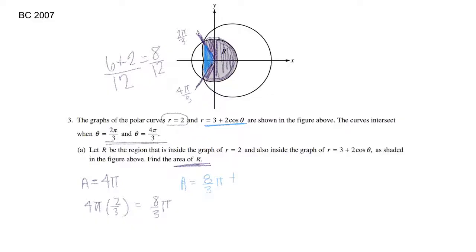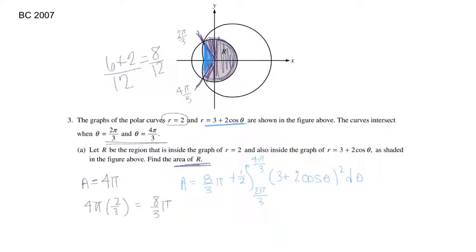plus, and then I would 1/2, I always forget that 1/2, times the integral from 2 pi over 3 to 4 pi over 3 of my radius squared, which is 3 plus 2 cosine theta, all squared d theta.